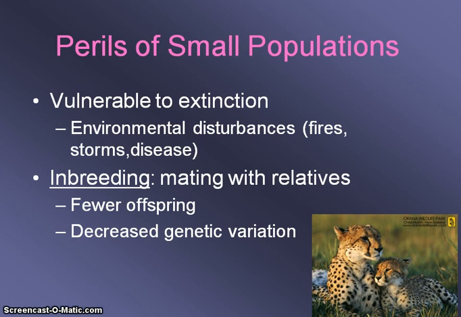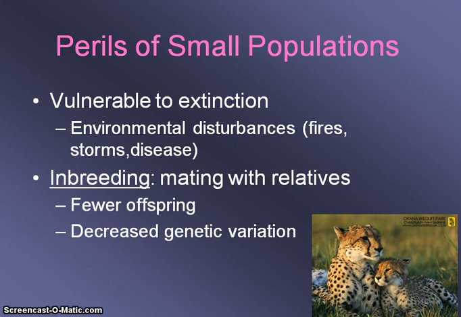Some populations that really have to be careful are the small ones. They are very vulnerable to extinction. It could be from an environmental disturbance, again a fire, a storm, or a disease that comes through the population, and they might not have the numbers to fight it off.